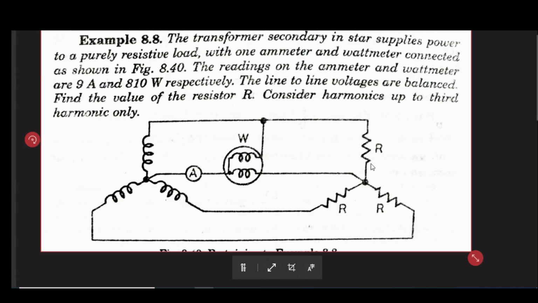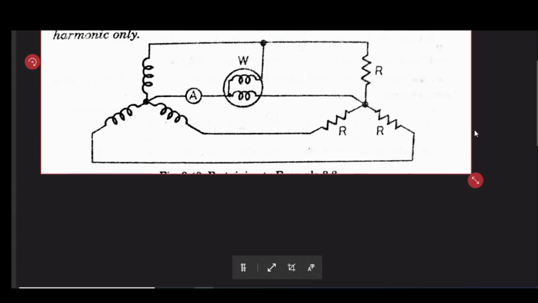You can find out the voltage between them as well as the R. So 3I3 is equal to 9. That implies I3 is equal to 3.